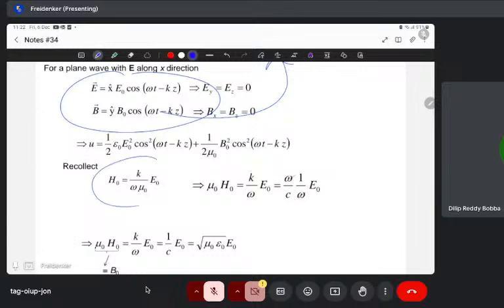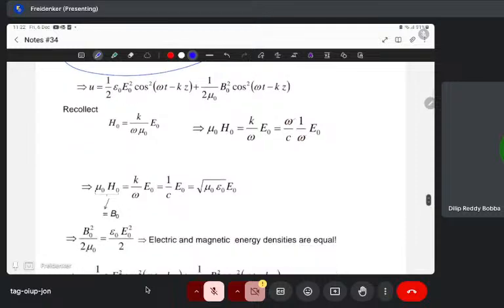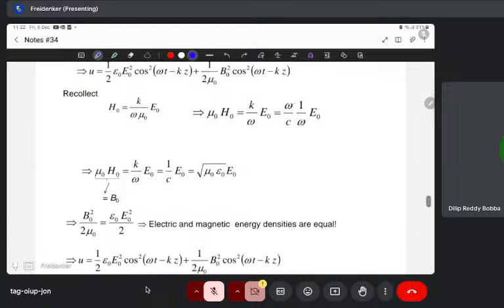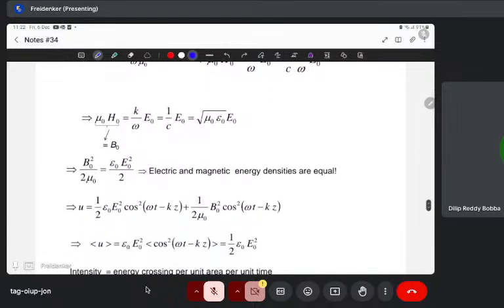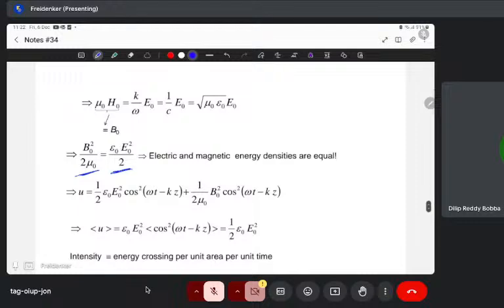Okay, this is the magnitude. Fine, we have the magnitudes. They're replacing. Okay, fine. After some calculations, what they showed is that the electrical energy and the magnetic energy, both of them are the same. Since both of them are the same, I could say total energy is twice of this.